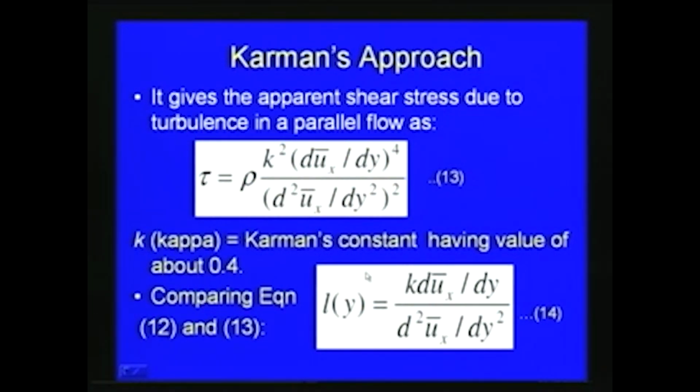Finally, what von Karman did is he derived an expression for the mixing length, which we can write as Ly, the mixing length, equal to kappa into dux bar by dy divided by d square ux bar by dy square, as shown in equation number 14 in this slide.